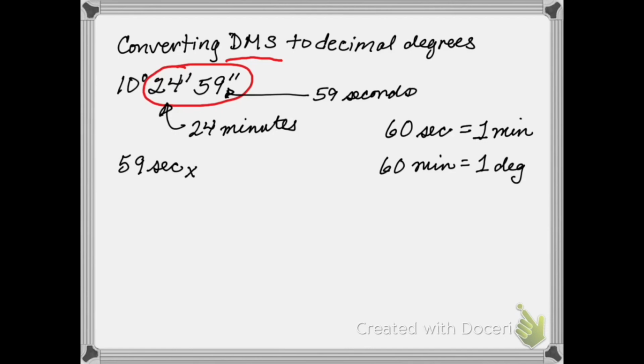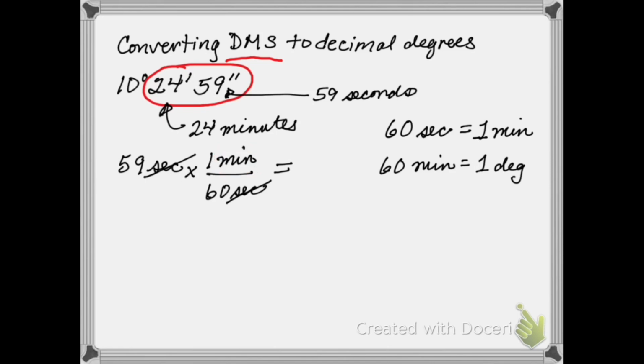So 59 seconds times 1 minute per 60 seconds. If I look at this multiplication, I can cancel the seconds just like I would cancel a variable or a number. These seconds cancel with these seconds, and that leaves me with minutes.